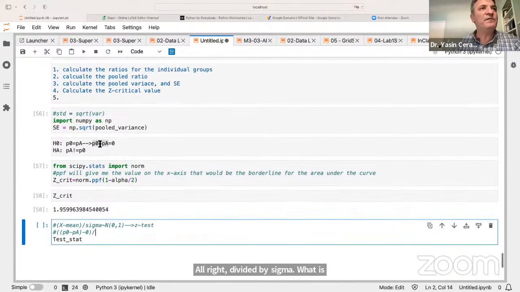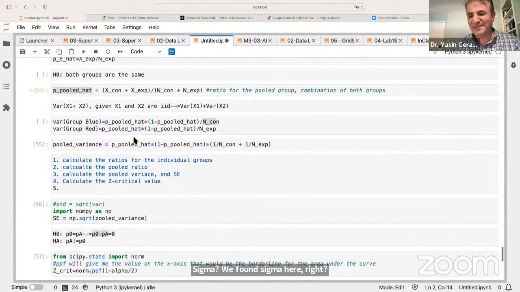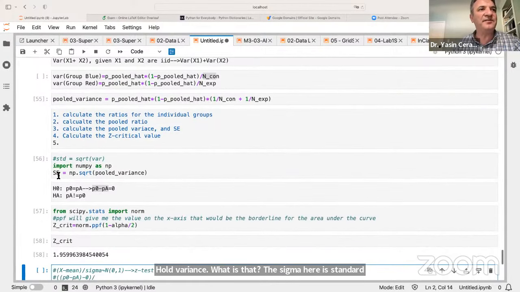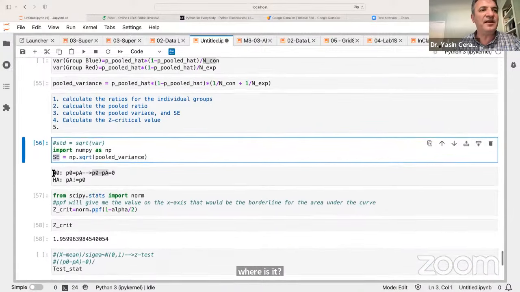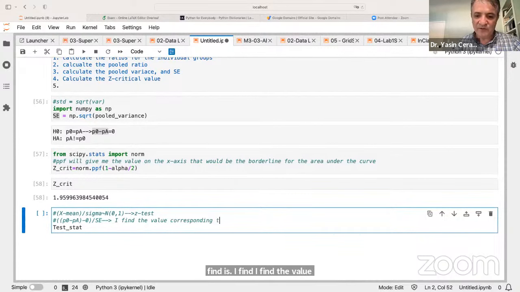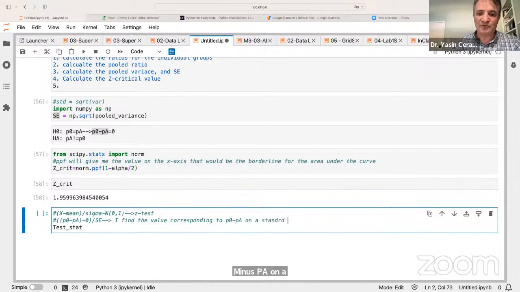What is sigma? We found sigma here, right? The sigma here is the standard deviation, pooled variance and SE. We found it already. SE is right here. I'm going to put SE here. So the moment I do this, what I find is the value corresponding to P0 minus PA on a standard normal distribution.